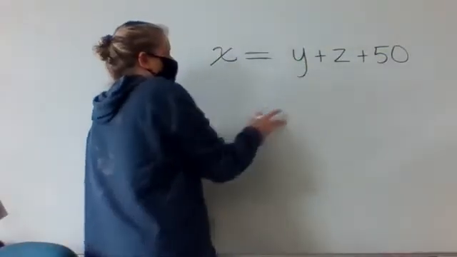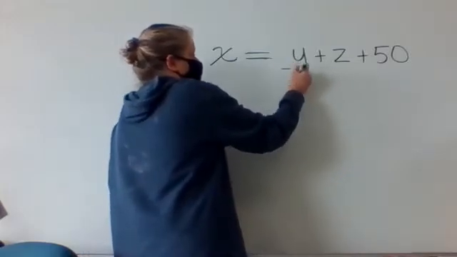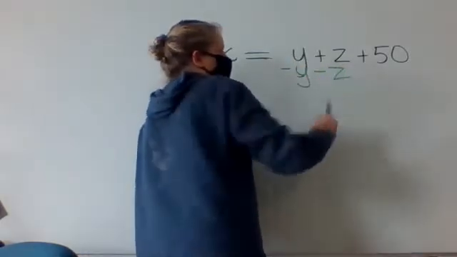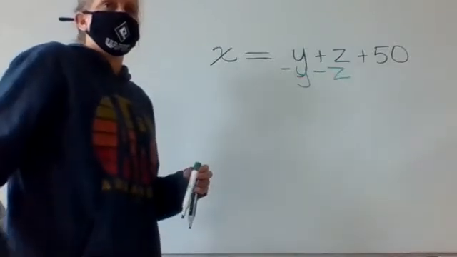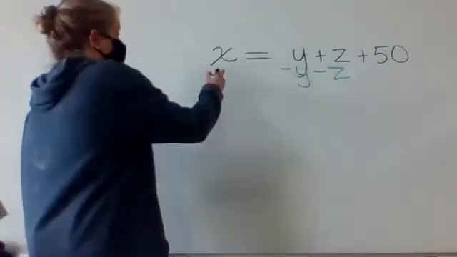So to move them over here, I need to cancel them out over there. I'm actually going to subtract that y and z off that side, which means that's exactly what I'd have to do to the other side.